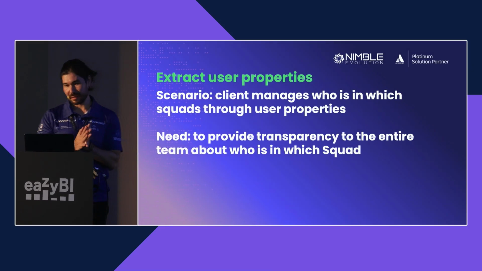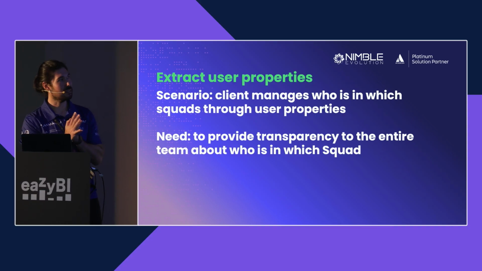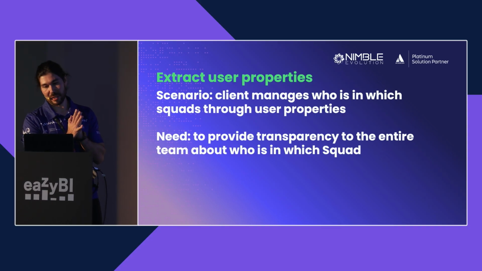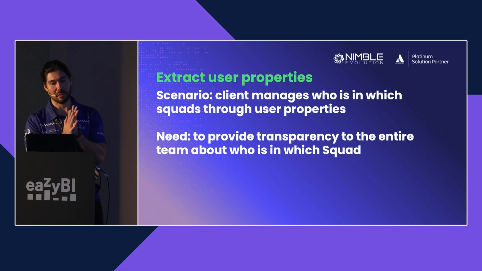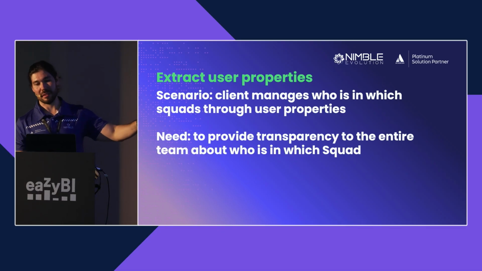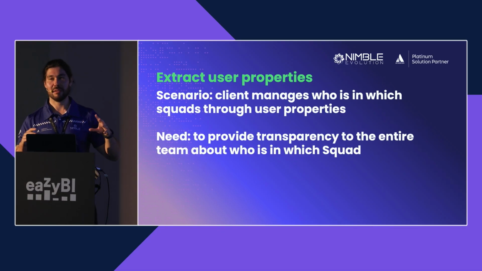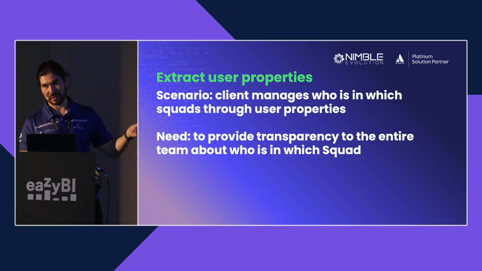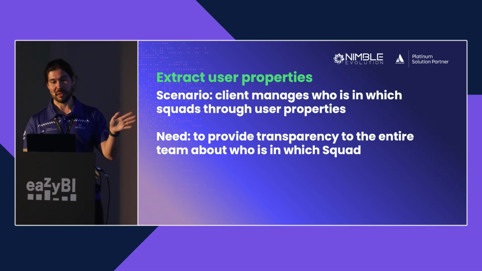And lastly, this is the last case, extracting user properties. So in that other scenario, the client was using the user properties to define the squads of each person in the company.